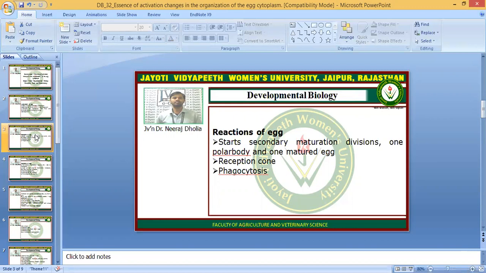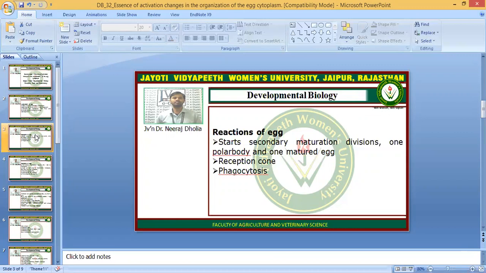Okay, so a cone-like structure is created with the plasma membrane of the egg, and this cone accepts the male gamete. Okay, this engulfs the male gamete. So this process of engulfing the male gamete by the plasma membrane of the egg is a phagocytotic process. Okay, so you know about the phagocytosis in the immunology.